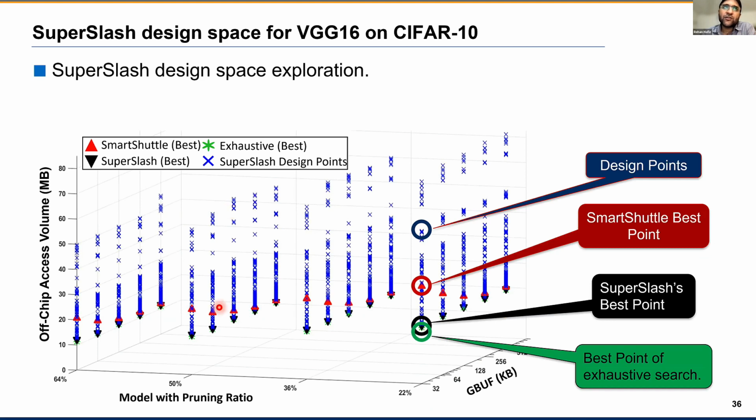And what we show here is that although we used some heuristics to decrease our search space efficiently, still our solution is close to the exhaustive solution, and it is very useful. Another very interesting outcome of this design space exploration is that we have added the model pruning into the design space exploration of the hardware.